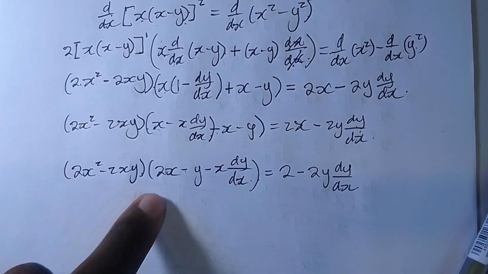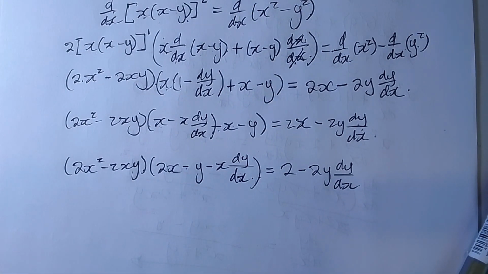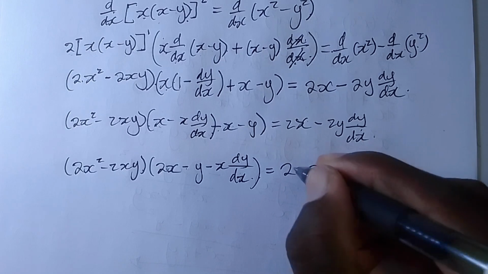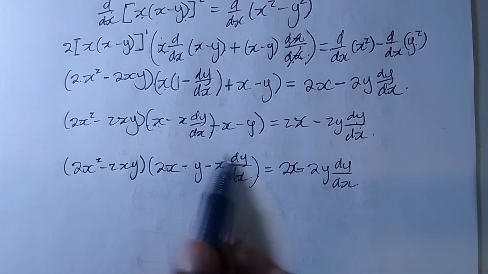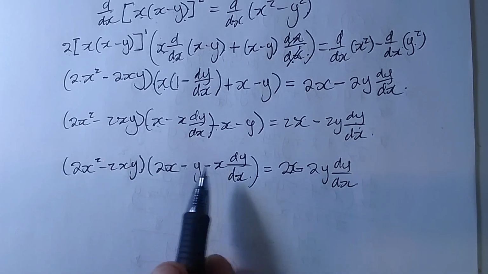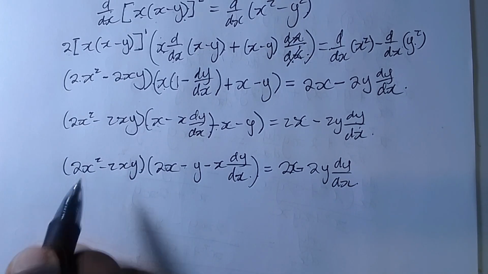Right, now we need to distribute this guy over to the others. Oh, I forgot to put the x there. So now we have to distribute this. I think this way is way longer than the one I used before.